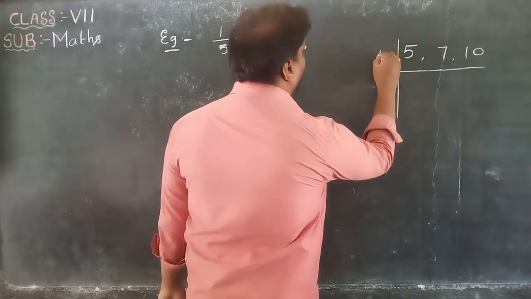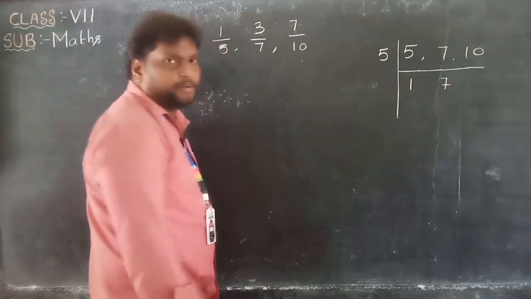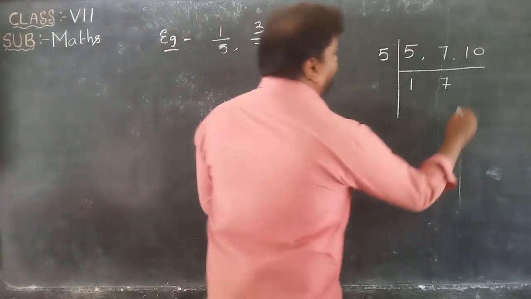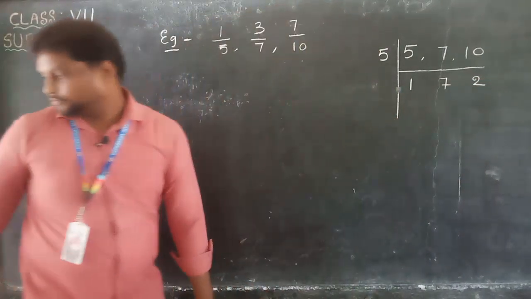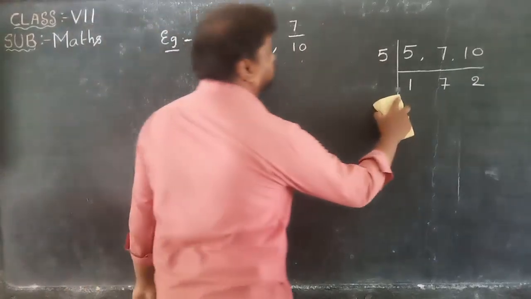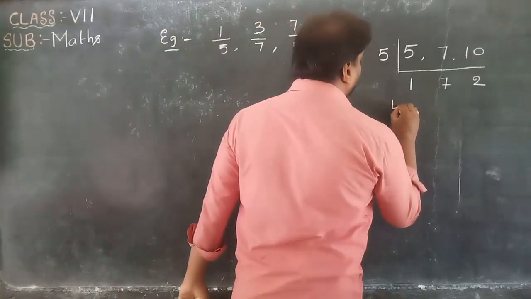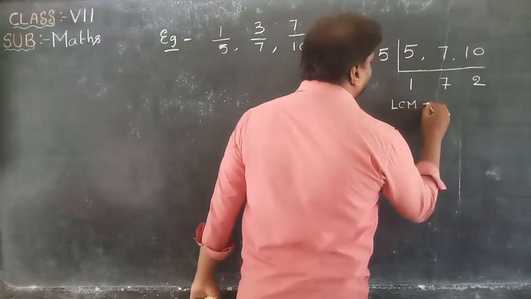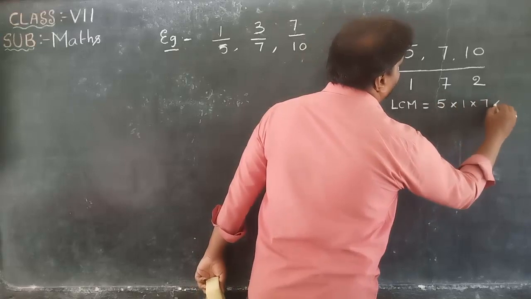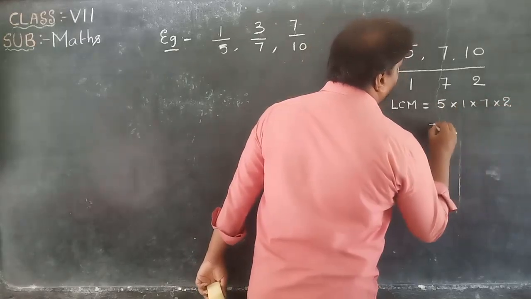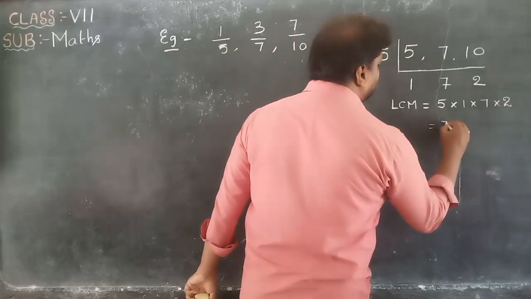Directly take the 5 table: 5 ones are 5, 7 is in the 5 table, so write it as it is, and 5 twos are 10. LCM is equal to 5 into 1 into 7 into 2: 5 ones are 5, 5 sevens are 35, 35 twos are 70.